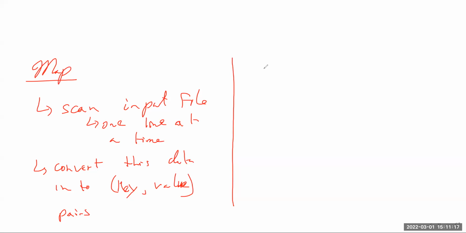So, let's summarize it here. We're going to break the data into key value pairs.